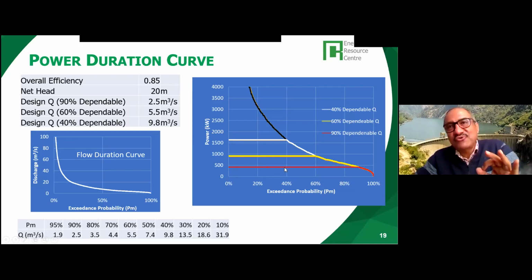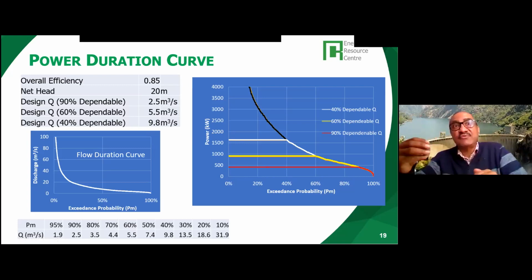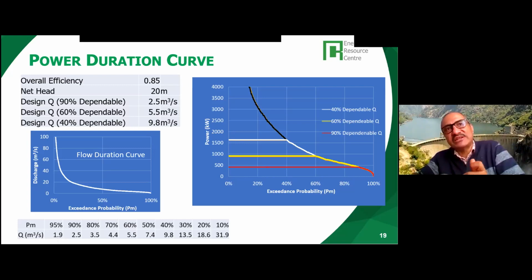If you design for a smaller capacity, at 90% dependable flow, the size of your waterway, your powerhouse, the turbine, everything is less. If you design for 5.5, the size of the intake, waterway and turbines increases, so the cost increases. Similarly, if you design for 9.8 cubic meter per second, it also increases.